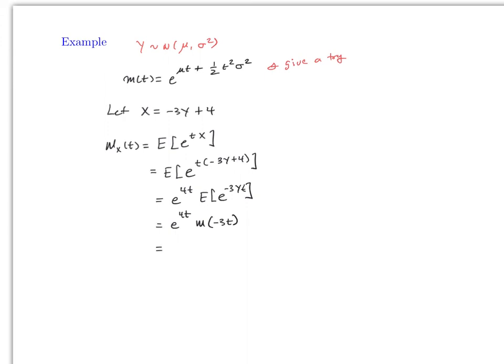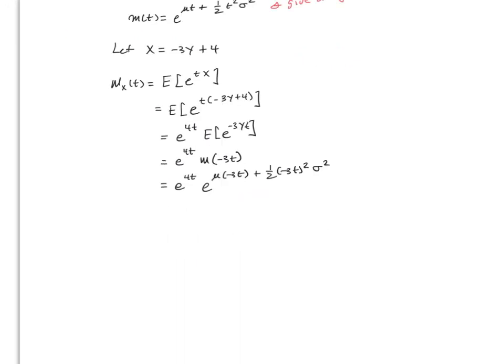So in our case, all we have to do is substitute t for minus 3t, and you end up with e to the 4t times e to the mu times minus 3t plus 1/2 times minus 3t squared times sigma squared, which simplifies to e to the t times 4 minus 3 mu, plus 1/2 times 9t squared sigma squared.